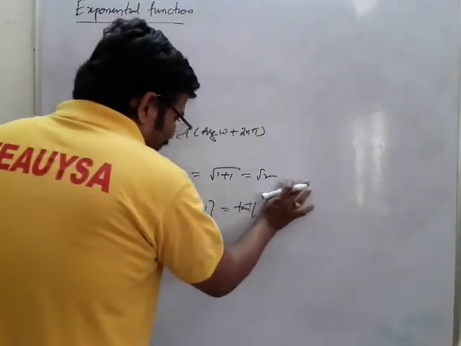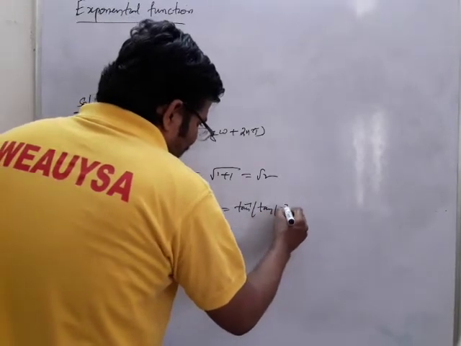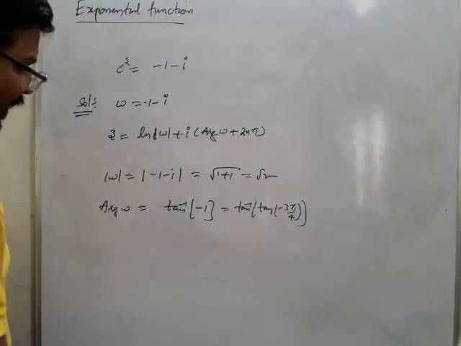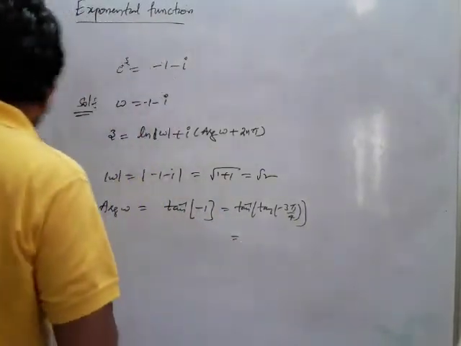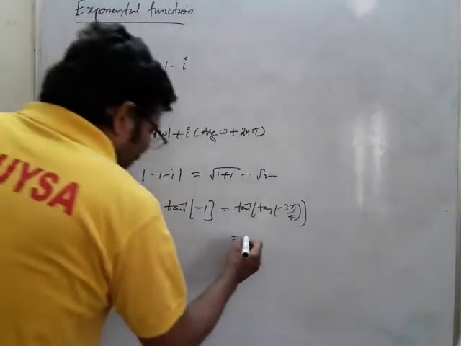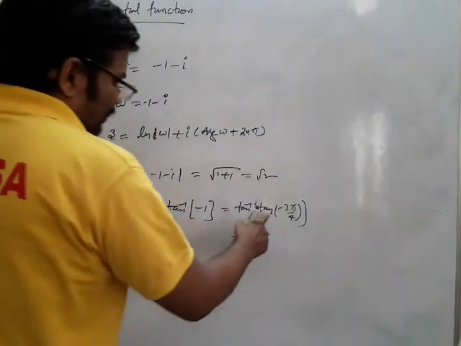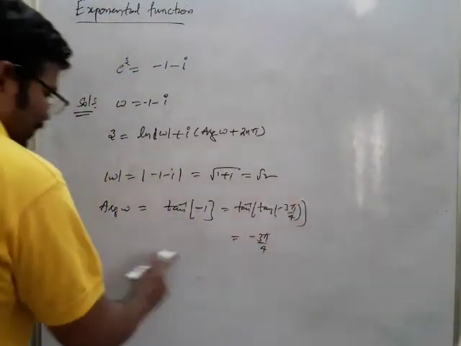So tan inverse 1 is nothing but minus 3 pi by 4. If you take minus 3 pi by 4, then it will be like this. So argument of W is equal to minus 3 pi by 4.